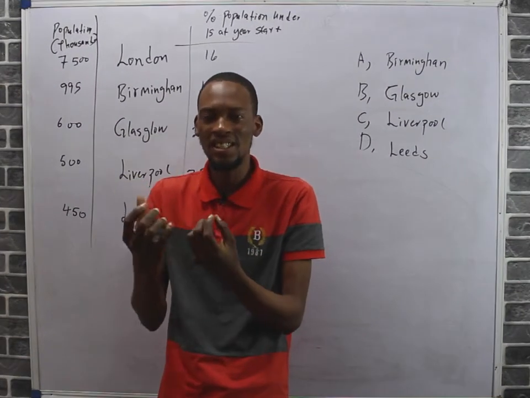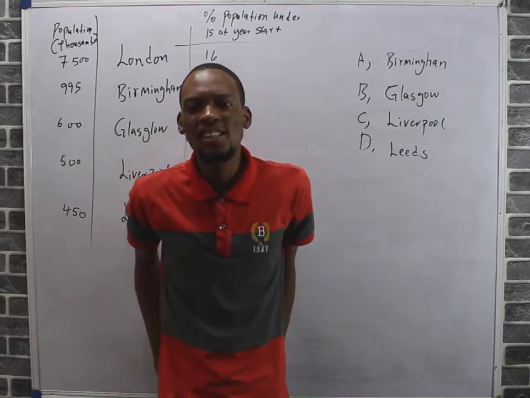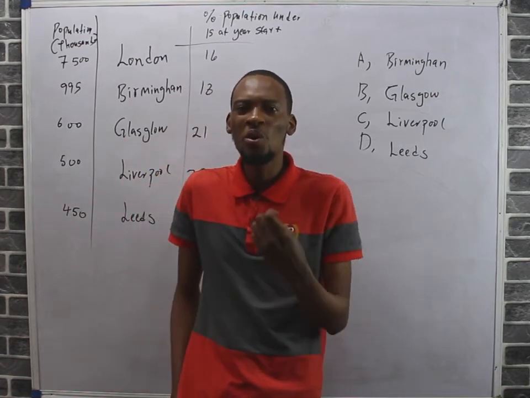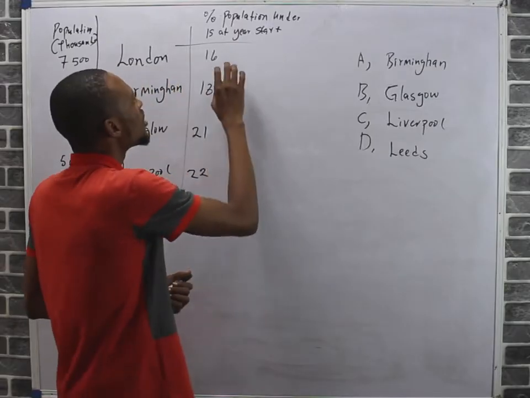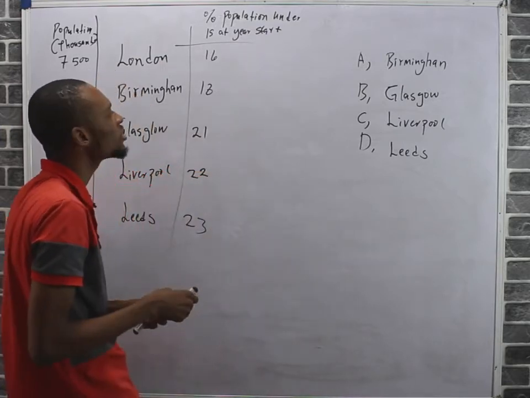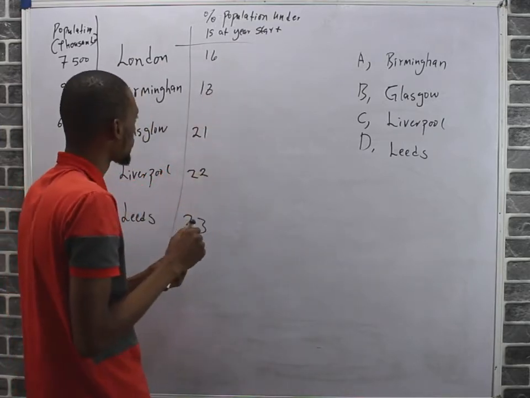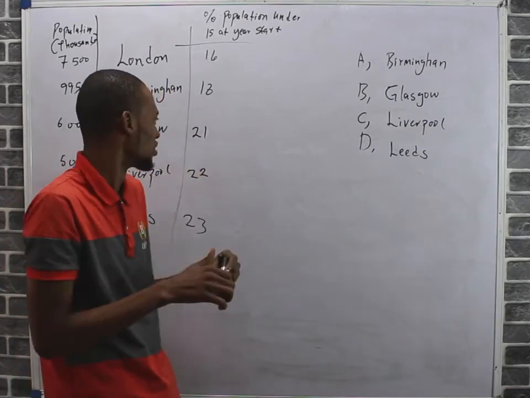Question 6 says, which of the cities had the lowest population of people under 15? From the table, percentage population under 15 at the start, in London it is 16%. In Birmingham it is 18%.